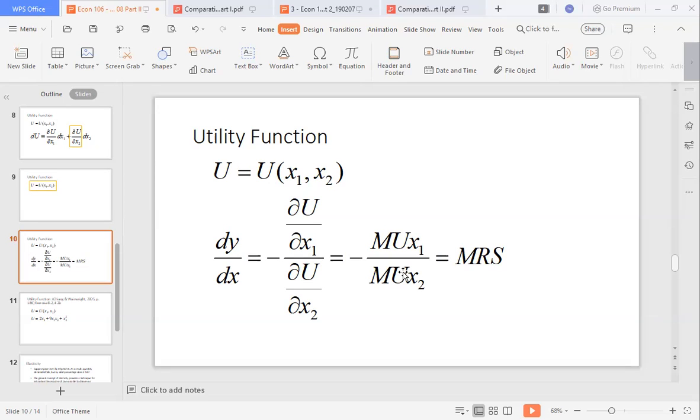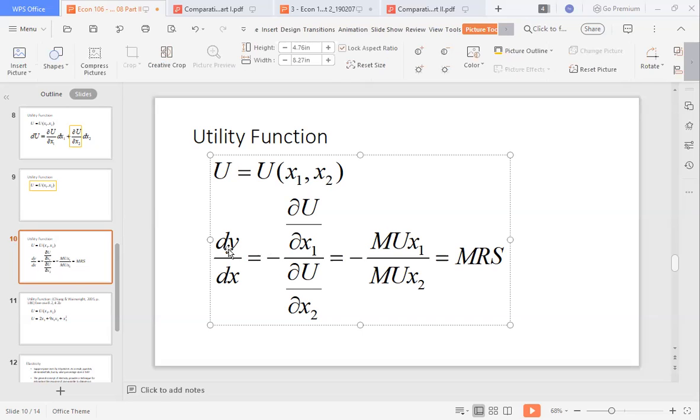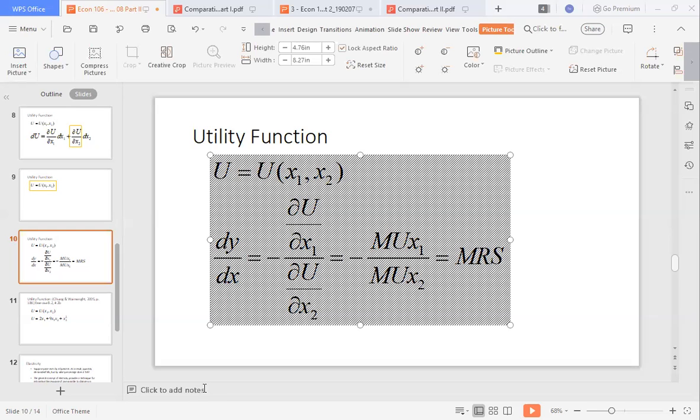So this slide is just extending our discussion to the slope of the indifference curve. This is only when we are holding utility constant.